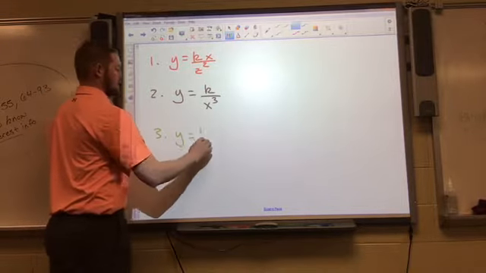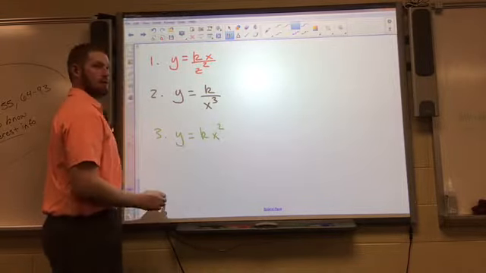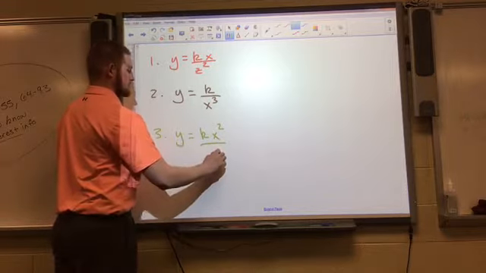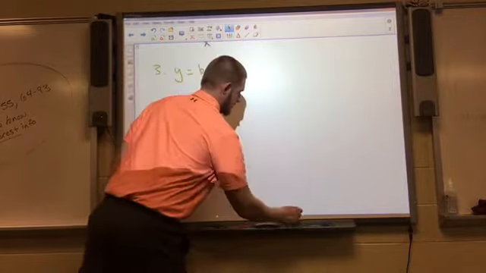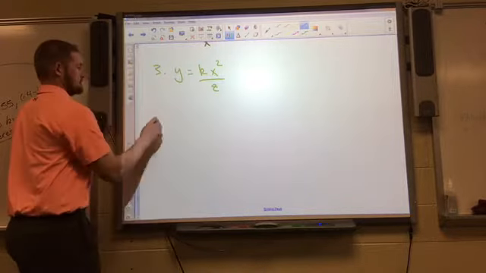So directly with x squared, inversely with z. 2 more. z varies jointly with x squared and y.